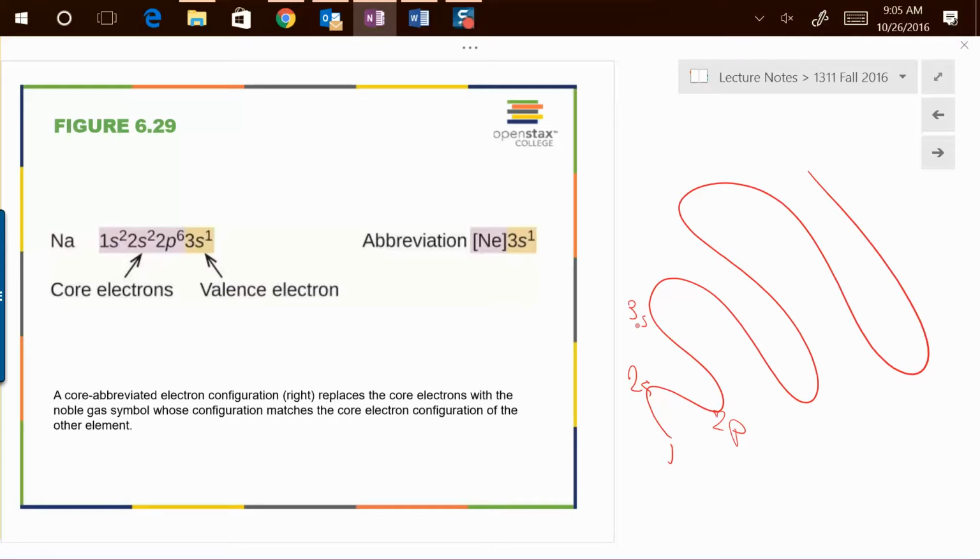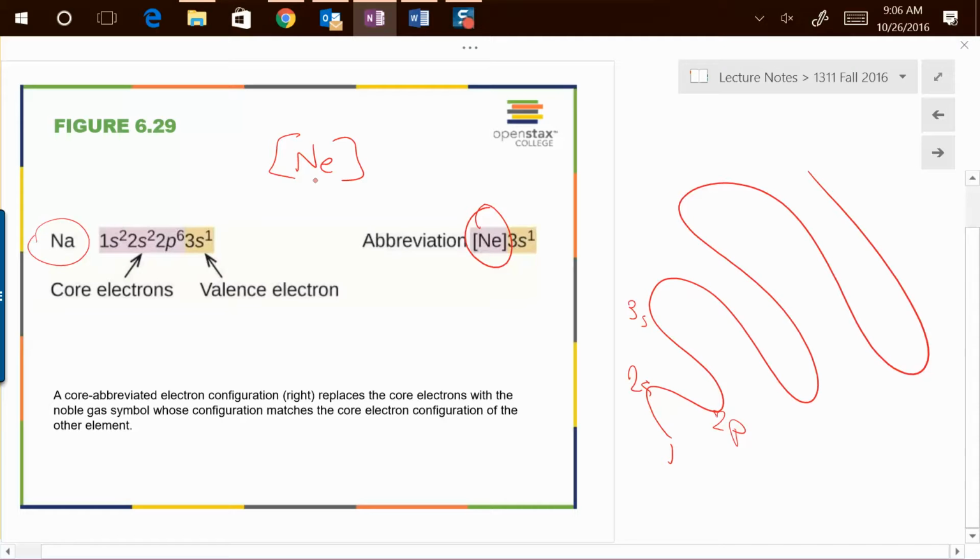You can abbreviate electron configurations. And the way that I abbreviate them is simply by showing the noble gas that comes before the electron configuration. So, for example, sodium. Here's sodium, number 11. Here's the noble gas that came before it. So, to write the abbreviation, I simply put neon in brackets, meaning the electron configuration of neon.